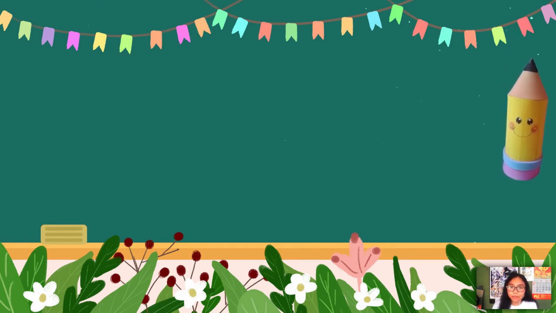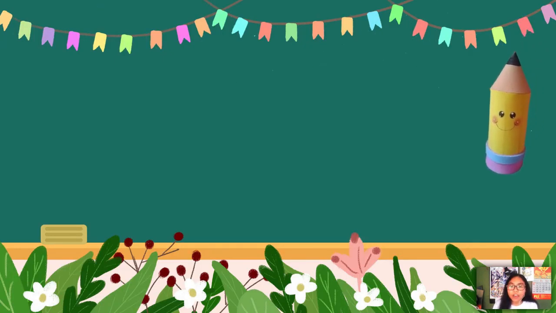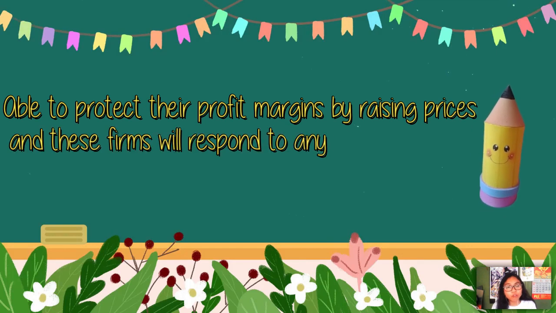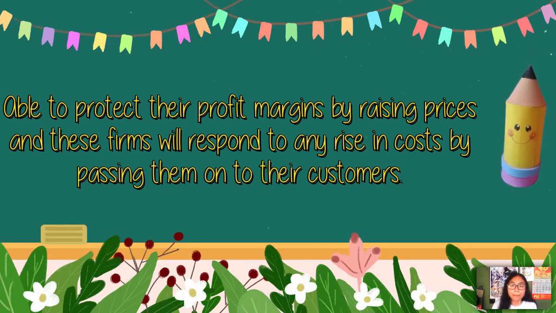These firms have the power to set prices in those industries rather than accept the prices dictated by the market forces of supply and demand. As such, they are able to protect their profit margins by raising prices, and these firms will respond to any rise in cost by passing it on to their customers.